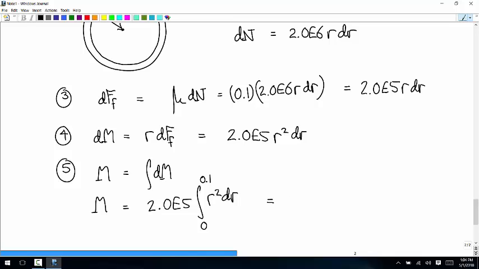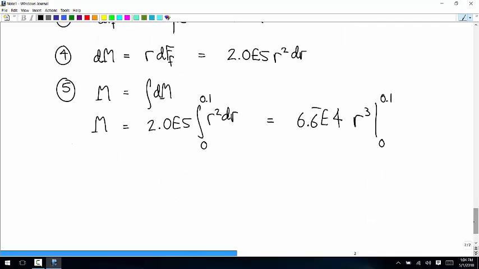And so that is 6.6 repeating times 10 to the 4th, because that's this divided by 3, times r cubed, evaluated from 0 to 0.1. 0.1 to the 3rd power is 1 times 10 to the minus 3rd.